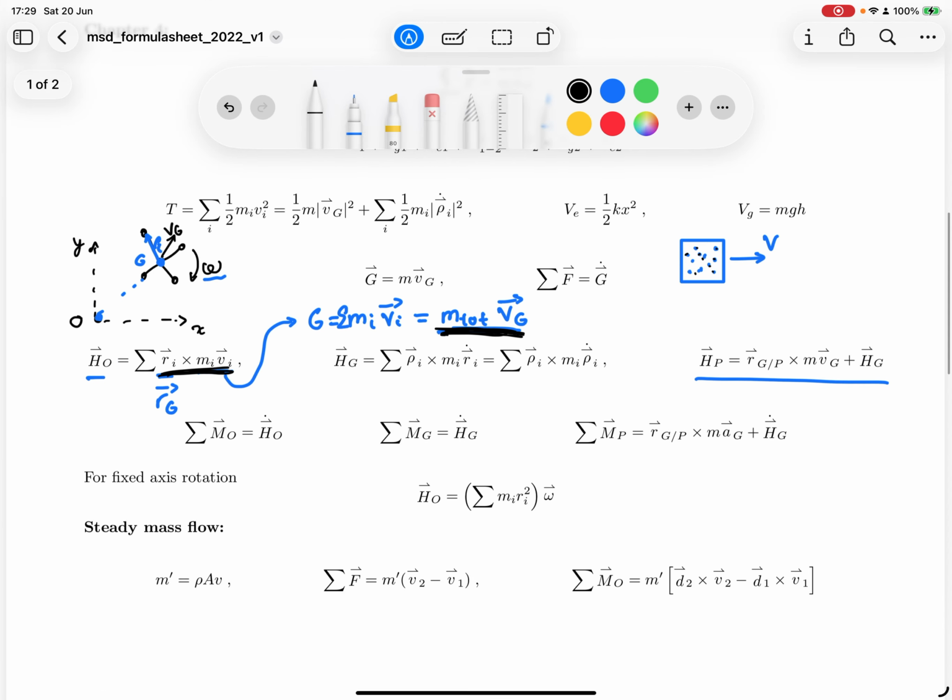Okay, in the formula sheet we have this part over here, right? So this M times Vg, that is the momentum of the entire system, right? And this Rg relative to P is the position vector from P to G, right?